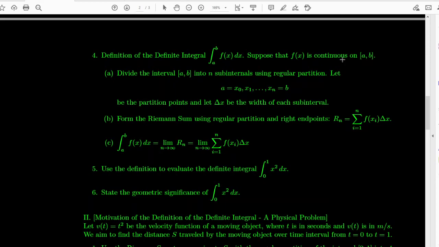If it's not continuous, you have to do a math major to see more complicated cases. But we stick to the case when the function is continuous. We divide the interval into n subintervals using regular partition, and as I said earlier, it's always possible to form the Riemann sum the same way. We stick to using regular partition and the right-hand endpoint.